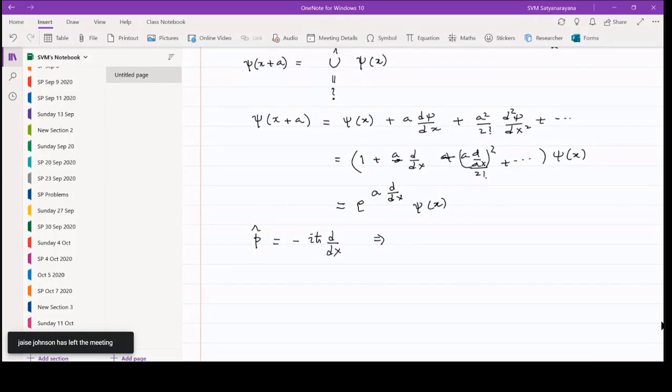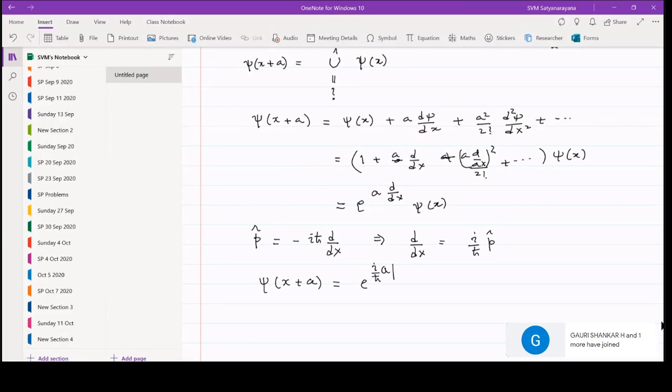So I can write down this d by dx to be i by h cross times p. So the space translation is effected by a unitary operator which is e to the power i by h cross times a into p acting on psi of x. So we say that the momentum operator governs space translation.